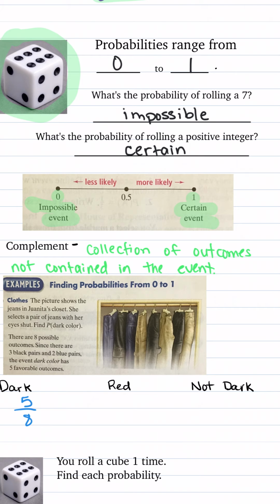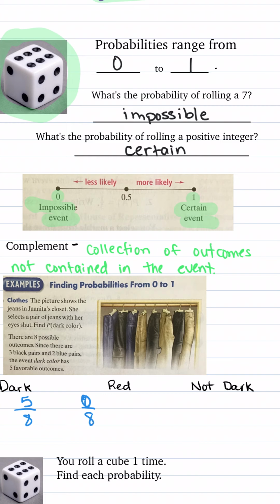Okay. And then red, right? What is the chance that she could choose a red pair? Well, there's not a red pair there. So it is going to be impossible. Or 0 out of 8. That's a 0 there.